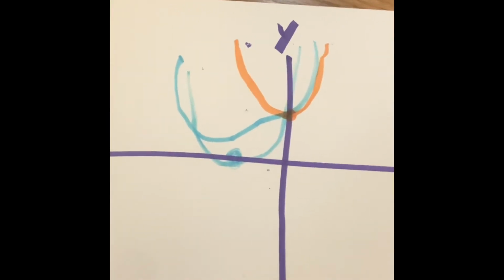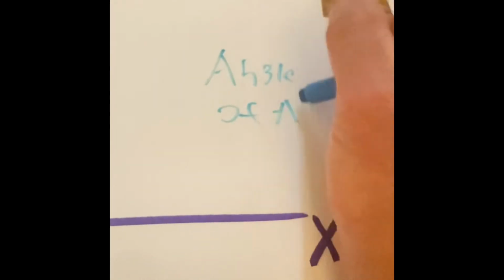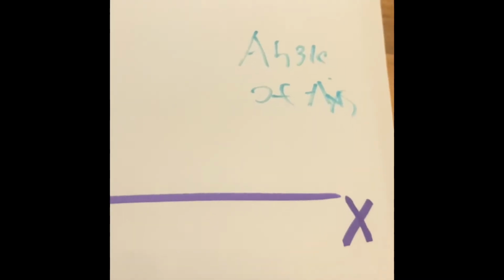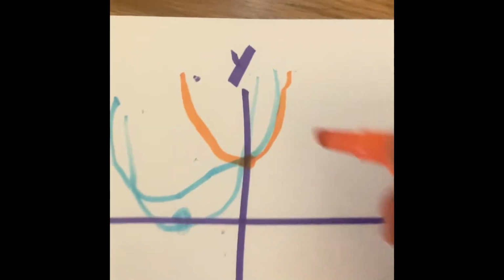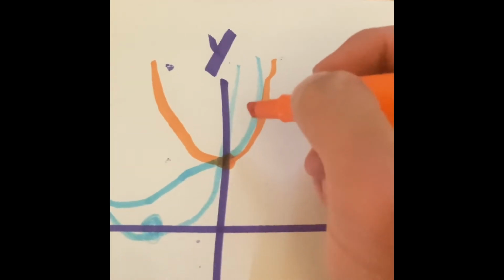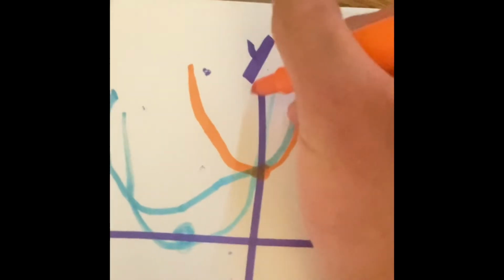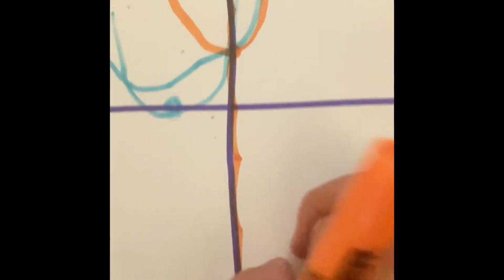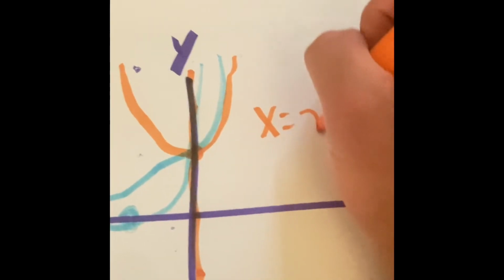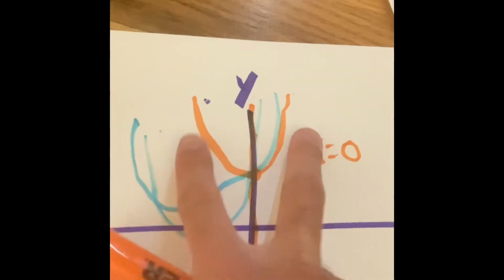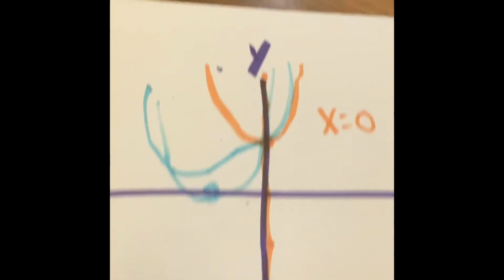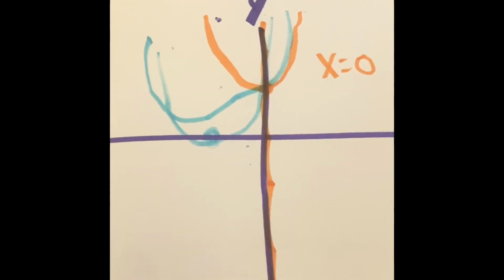Not only that, when you try to find the axis of symmetry, it's going to change too. When we have been looking at the axis of symmetry for ax squared plus c, the orange parabola, you would normally find it right at 0, so your equation is x equals 0, because that is the middle where the two parts of the parabola fold together, like a mirrored version.